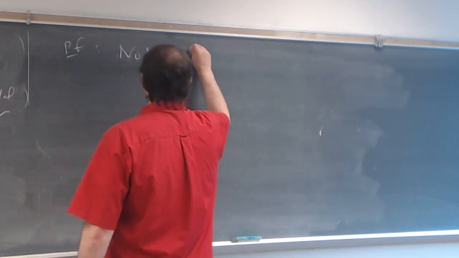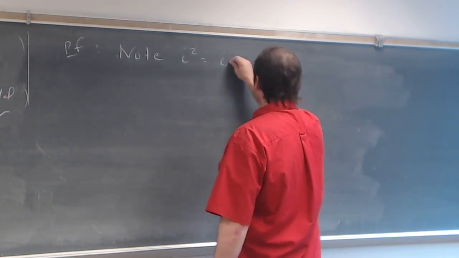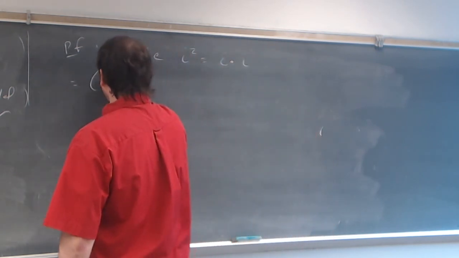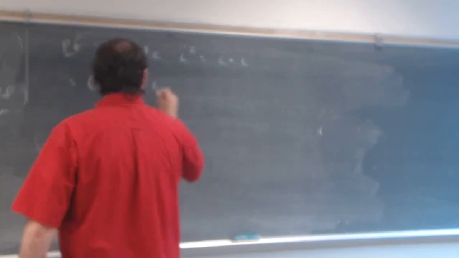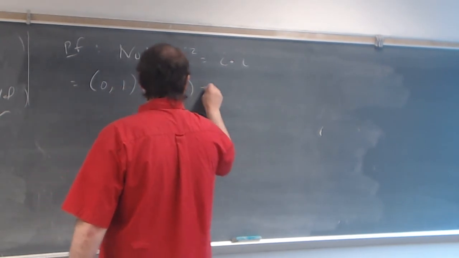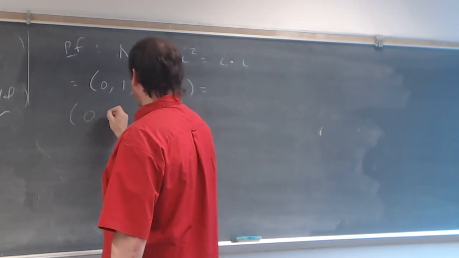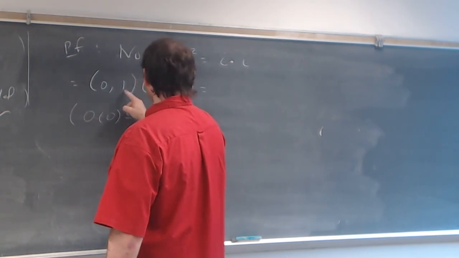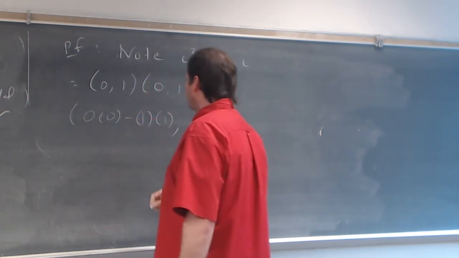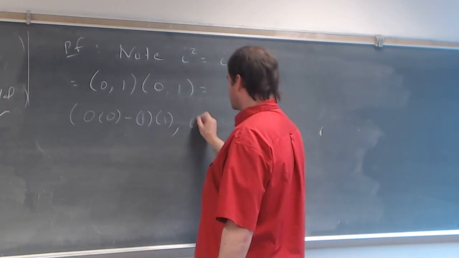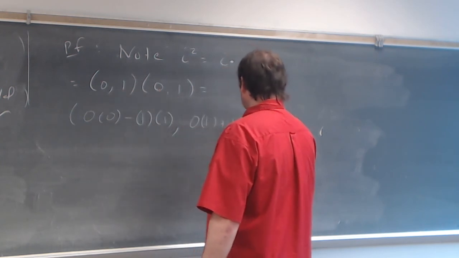I squared, which is equal to I times I, and that would be equal to (0, 1) times (0, 1), and then that's going to be equal to (0 times 0 minus 1 times 1, comma, and then it's 0 times 1 plus 1 times 0).